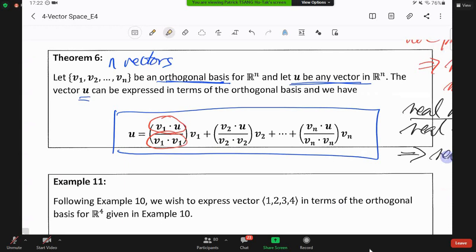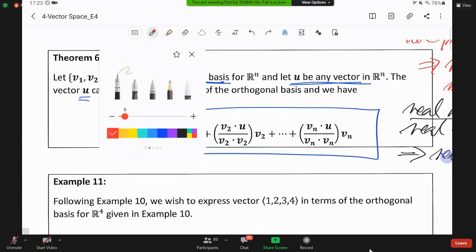The vector u will be equal to a long expression, but there are some patterns you can observe, and you can easily verify the result. For example, I forgot to change the pen.